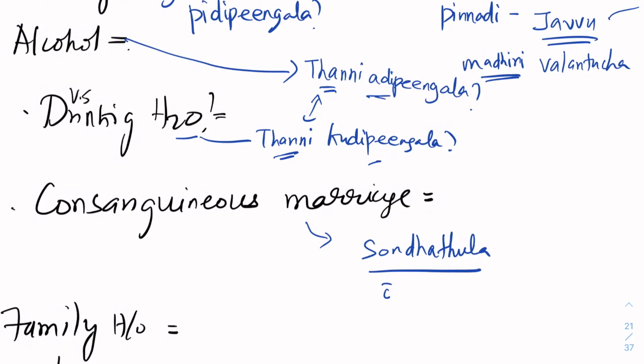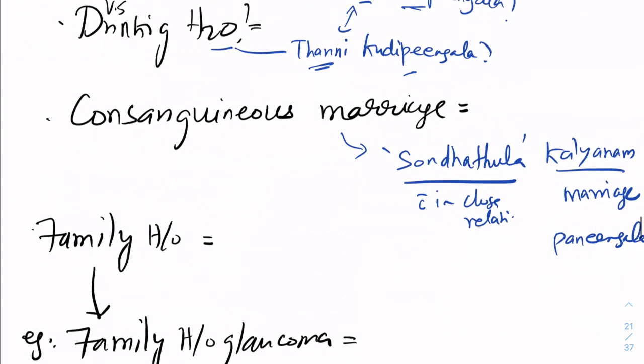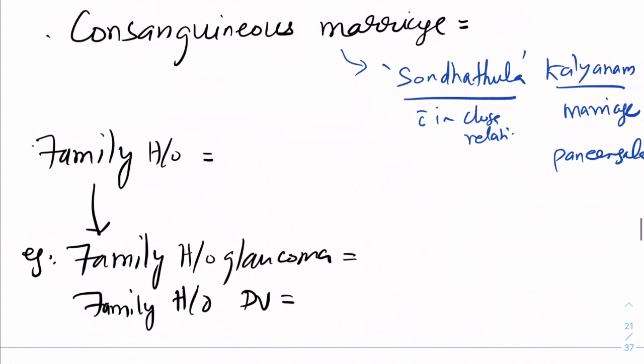Sondathila means within close relation. Kalyanam means marriage. சொந்தத்தில் கல்யாணம் பண்ணீங்களா? So did you marry within the family?